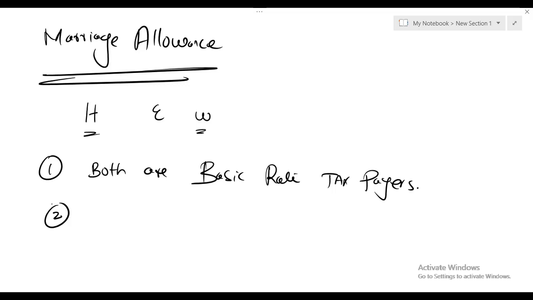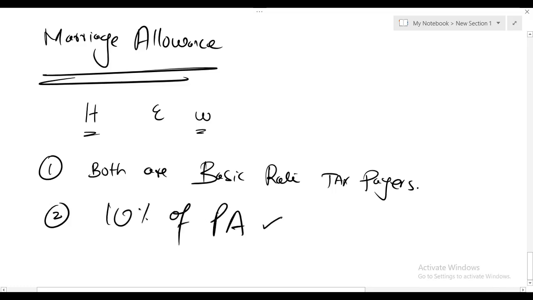Basic rate taxpayer means their taxable income should not exceed the basic rate band limit, which is 37,500. When both are basic rate taxpayers, in that case 10% of personal allowance can be transferred between the partners. So one partner can transfer 10% of their personal allowance to the other partner.